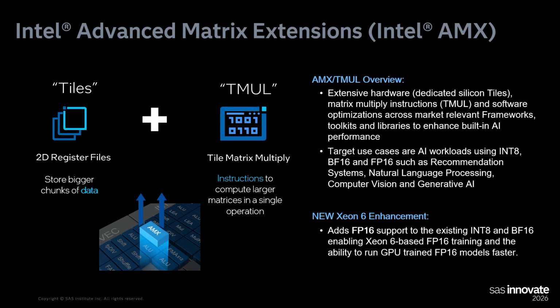workloads. So until recently, we actually supported BF16 and int8 data types for quantization. With this generation, we added FP16 as well as a qualifying data type. So how is this different from how the processing on the CPU happens?